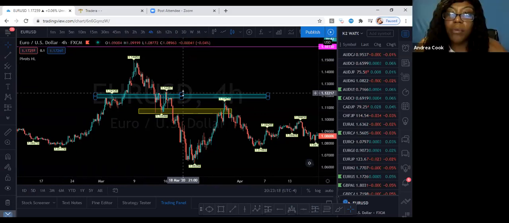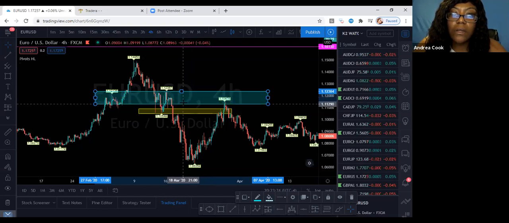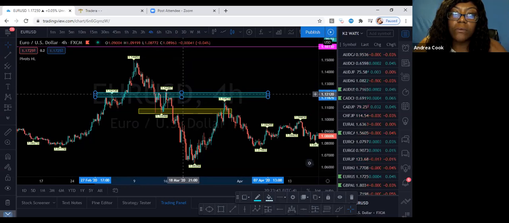So we know that price could come all the way back up to here and test these levels before going back down.